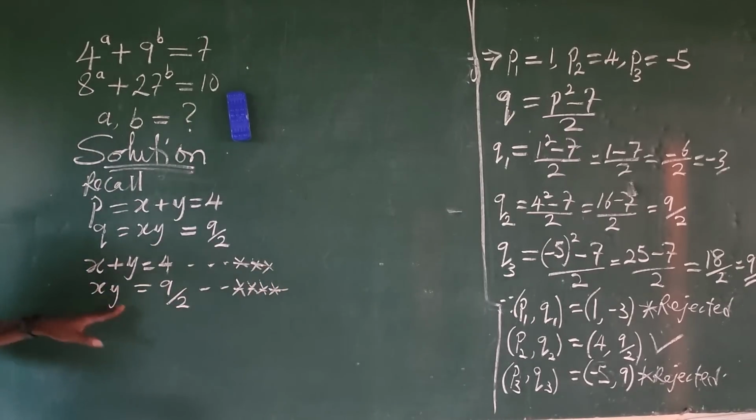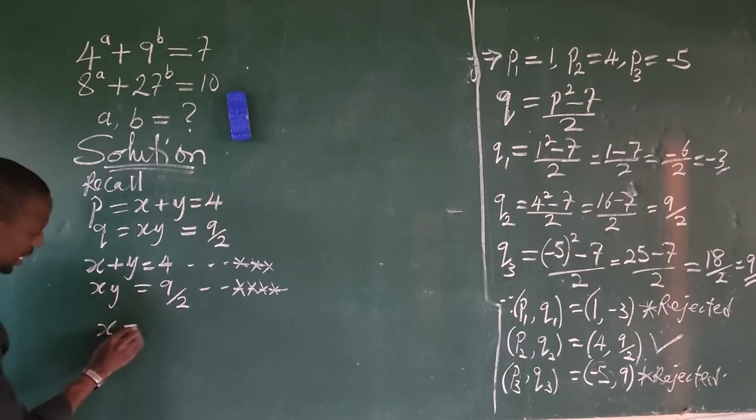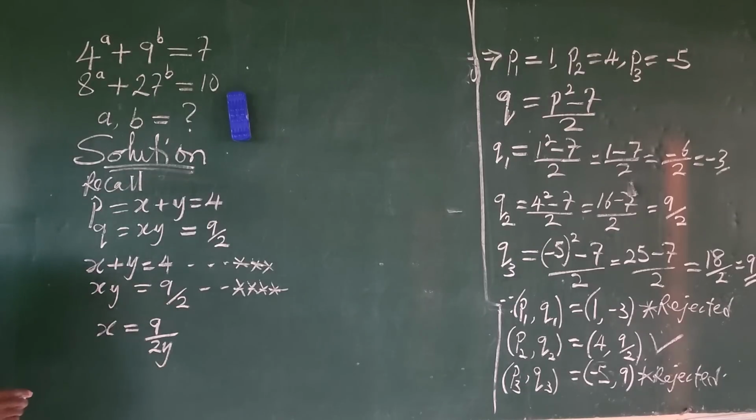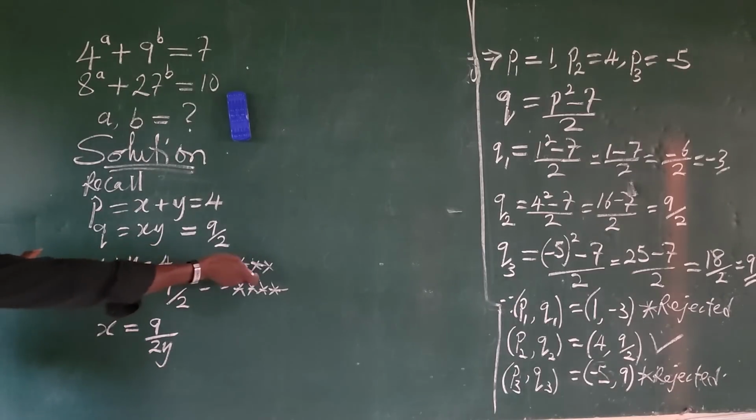From equation triple star, let's make X the subject of the formula. If we do that, we're going to have X is equal to 9 over 2Y. So from here, put this into equation double star.